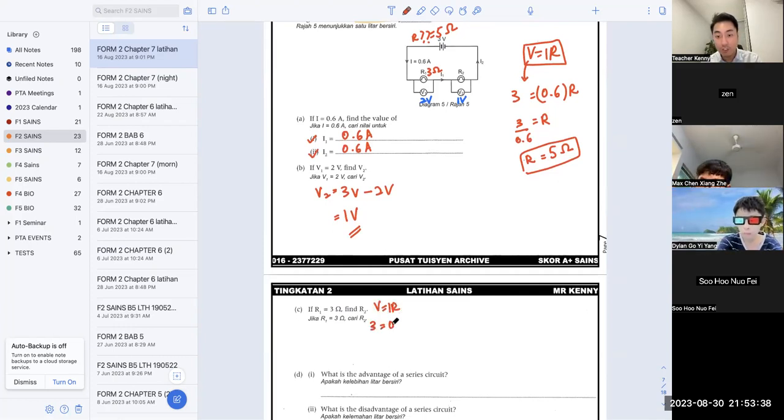So 3 equals to 0.6 times R. So R is 3 divided 0.6, which is 5 ohm. So R2 equals to 5 ohm minus 3 ohm, which gives you 2 ohm.